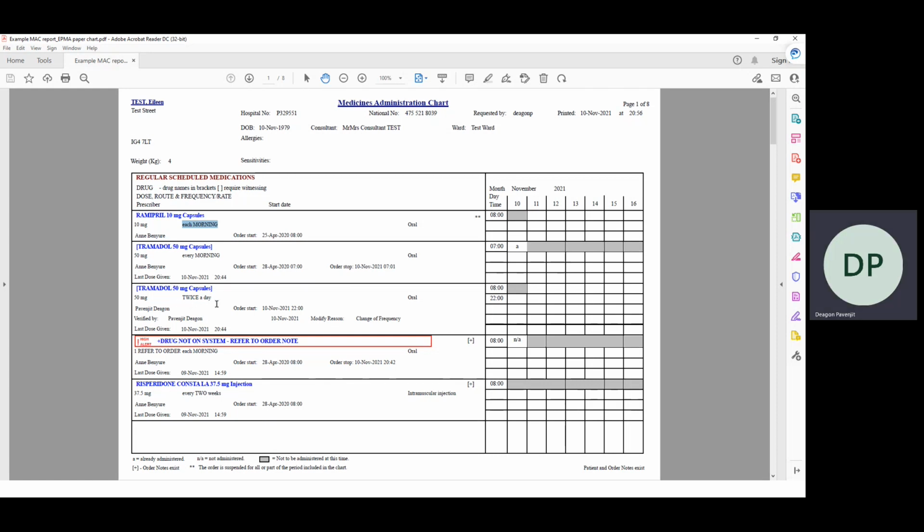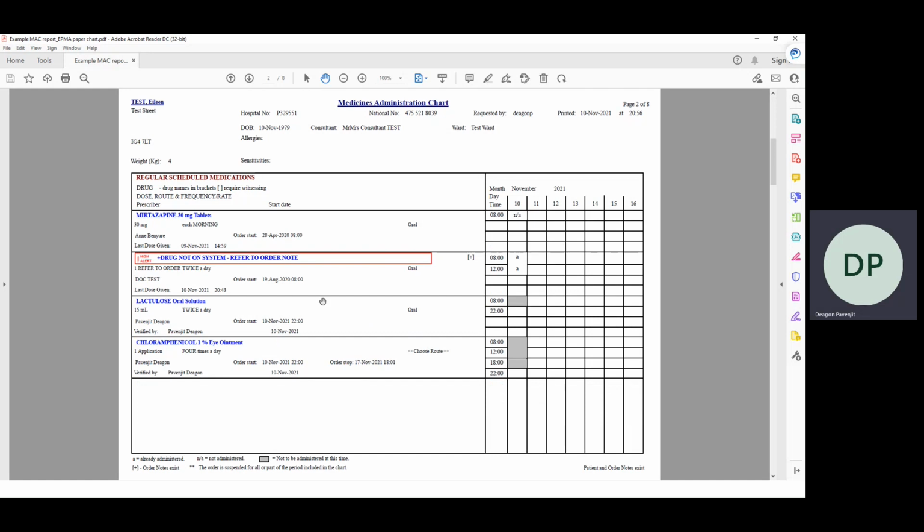And each frequency will have associated administration times on the right-hand side of the MAC report. So in the case of this tramadol, the twice a day dosing is 8 AM and 10 PM. You can see the 8 AM is shaded out, but the 10 PM is available, which means that that medication can be administered.